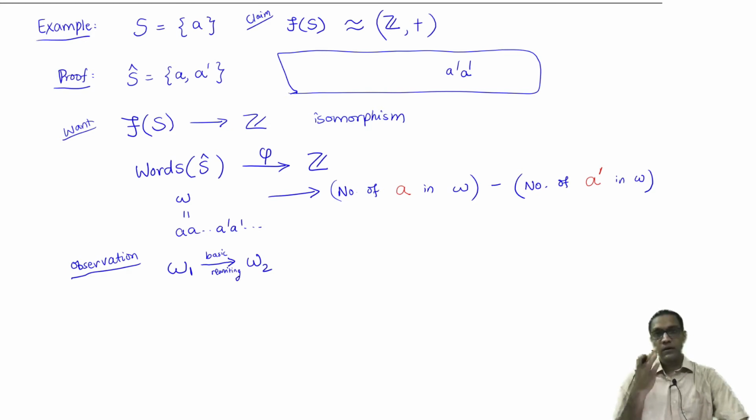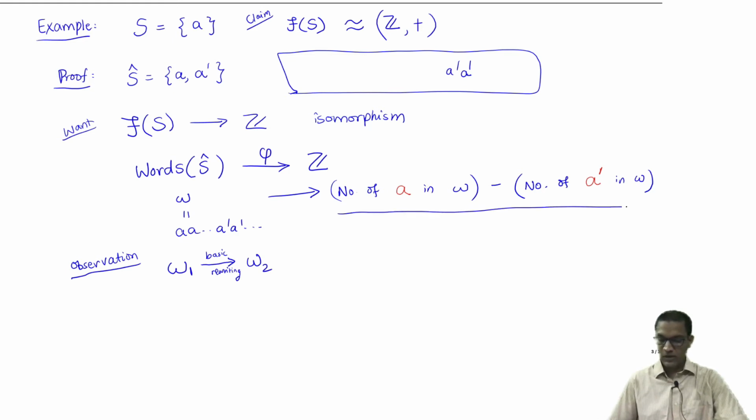I've either collapsed an A A prime or A prime A to empty, or expanded an empty into an A A prime. Observe, the basic rewriting rule either removes one A and one A prime, or increases the number of A's by 1 and the number of A primes by 1. In other words, the basic rewriting rule does not change this difference. The number of A's minus A primes remains constant.